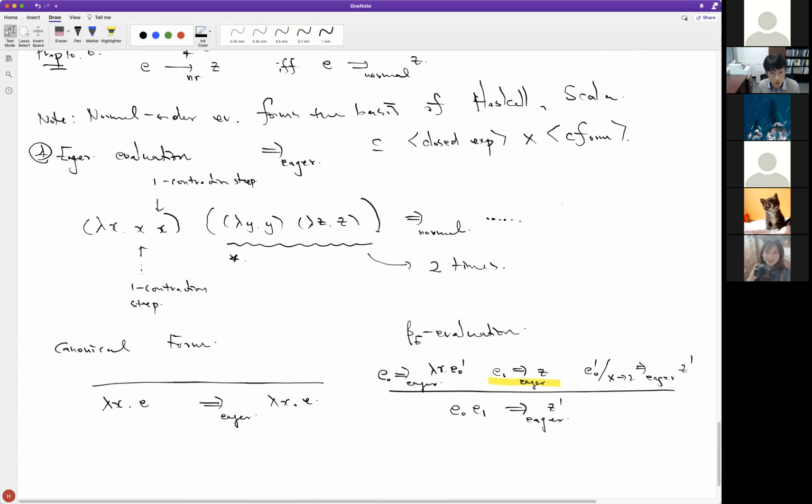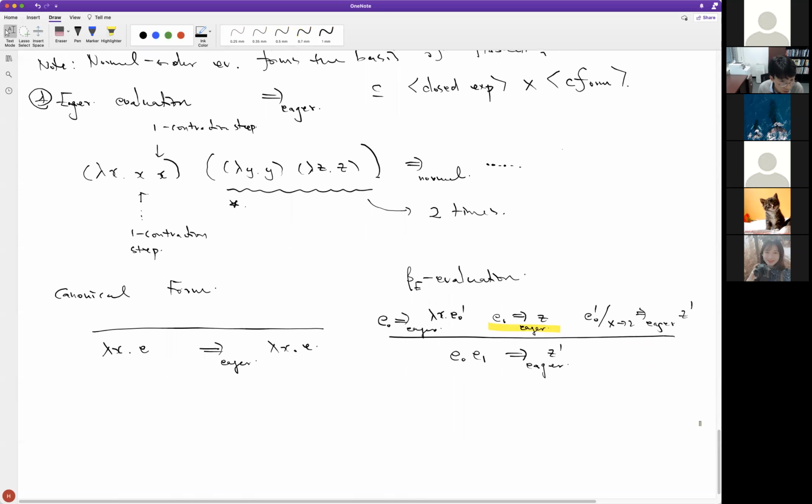And then this second evaluation strategy has less nice characteristics in terms of theoretical properties. Let me just mention a few things and then close. These are the two mainstream evaluation strategies for function calls.